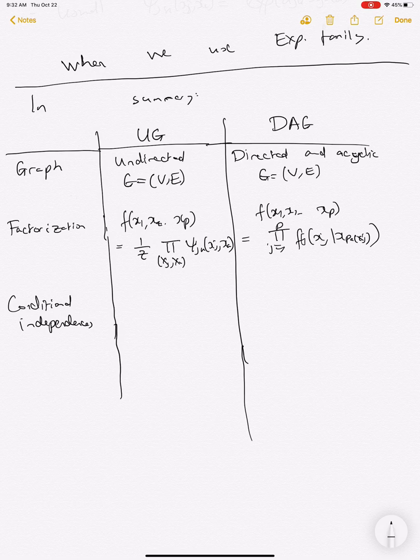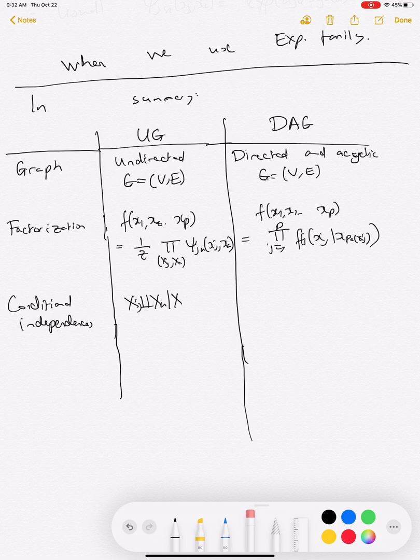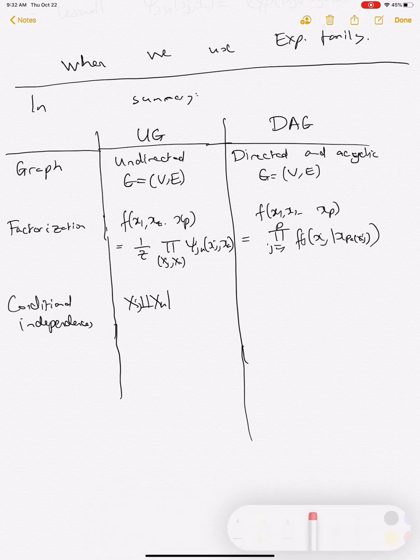Which just assert that xj is independent of xk given the neighbors of xj union the neighbors of xk, not including xj and xk.